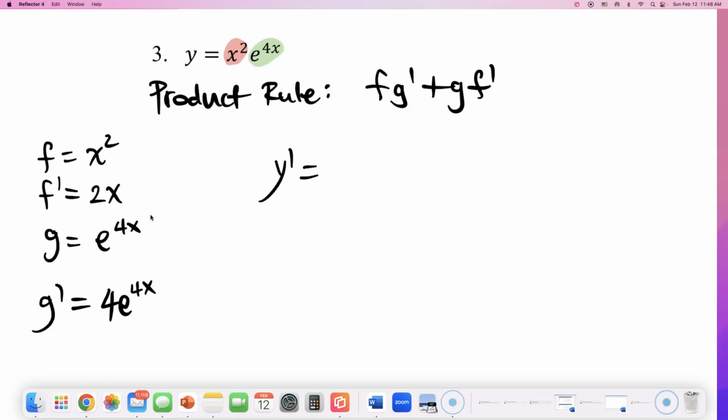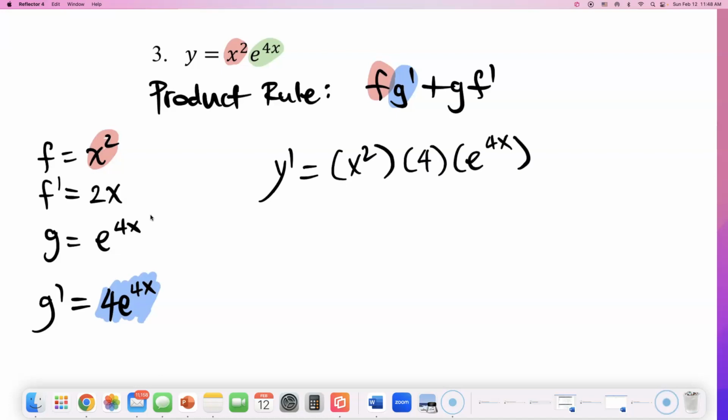Okay, now first times, that's x squared. The derivative of the second, which is, you know what, where is that one? This down here. I'll put the 4 e to the 4x in the parenthesis. That's okay, right?